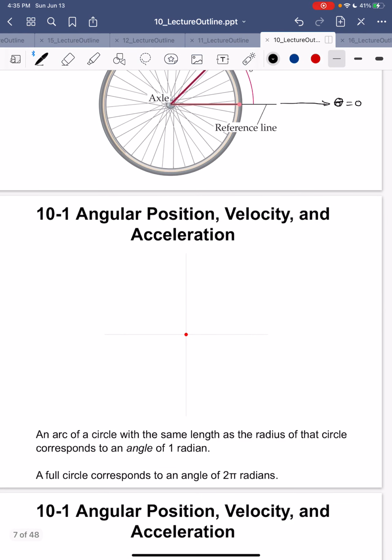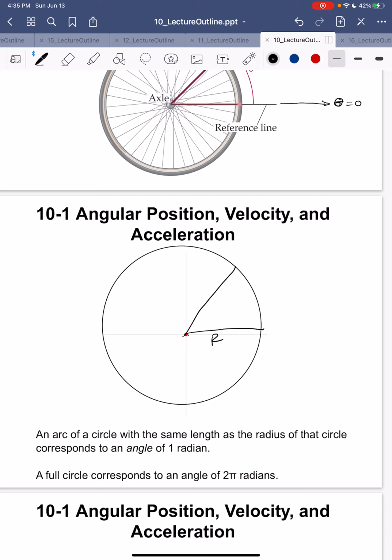Now, also, we need to know that if we have a circle, a full circle like this, oh, it's not centered. But if we consider that this is R and the arc is a distance R, this is going to be 1 radian.